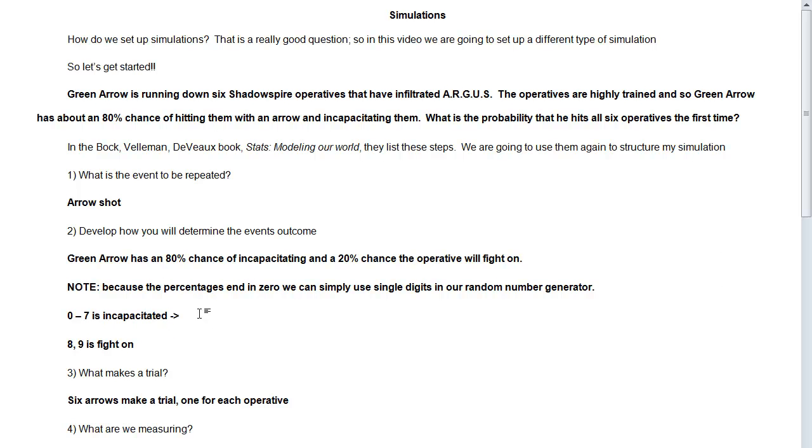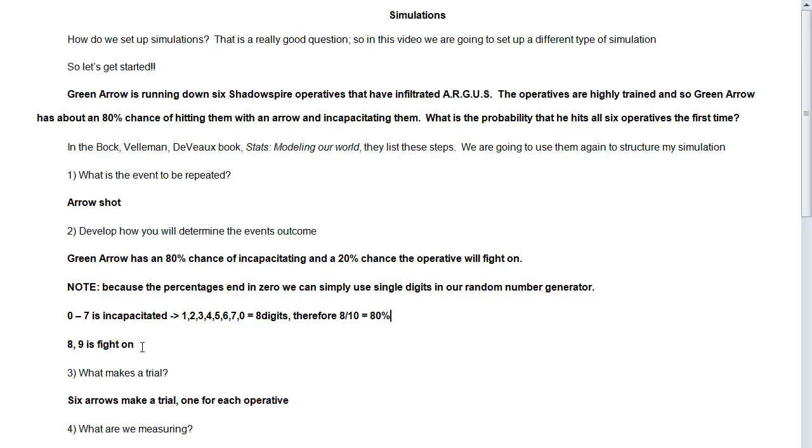If you'll notice, 1, 2, 3, 4, 5, 6, 7, and 0 equal 8 digits, and therefore 8 divided by 10 equals the 80%. That's why we used it.